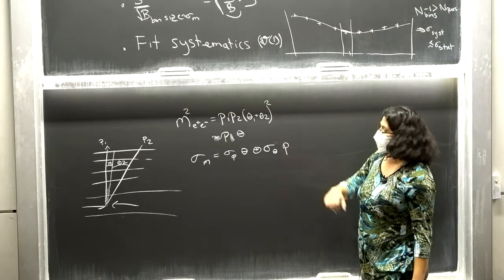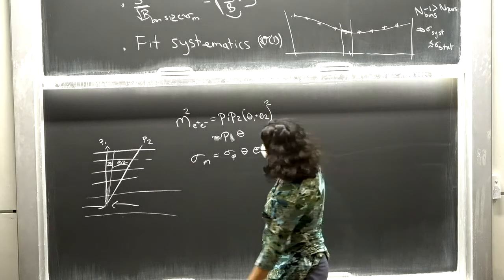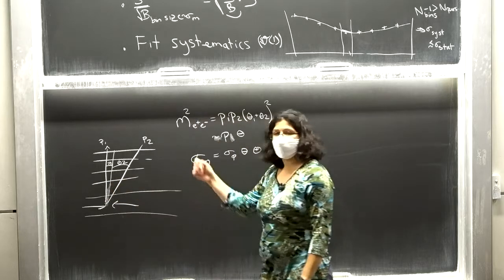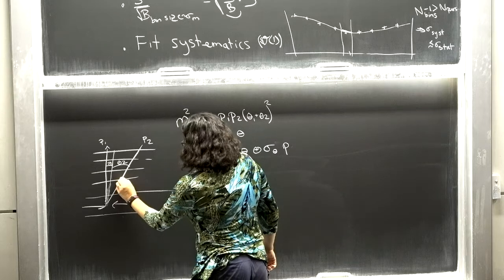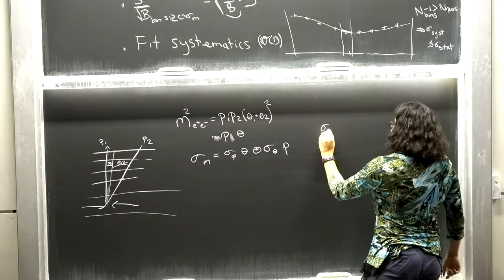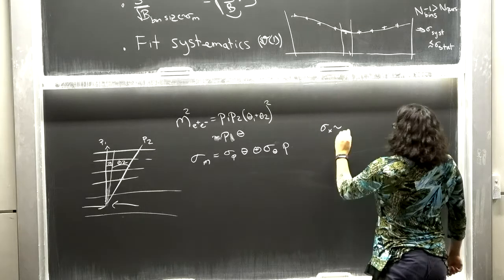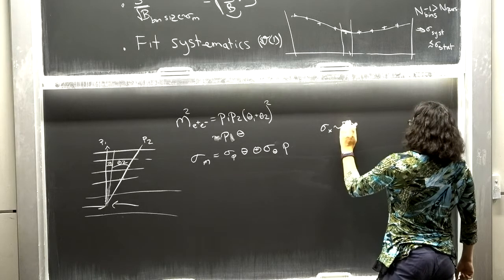So this angular resolution is set primarily by two effects. One is that each of these sensors doesn't have infinite position resolution. The resolution of a silicon strip detector in the transverse direction is around 20 to 50 microns.